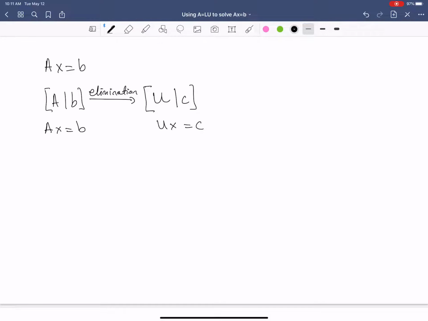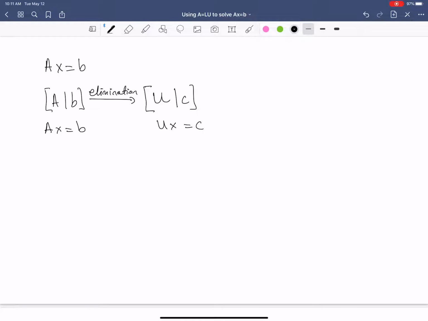So instead of solving AX equals B, we solved UX equals C. Well, now that we have elimination introduced as matrix multiplication, or rather captured by L, we can write a relationship between the systems AX equals B and UX equals C in a precise manner.